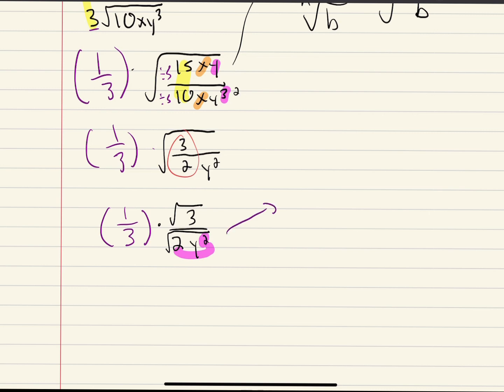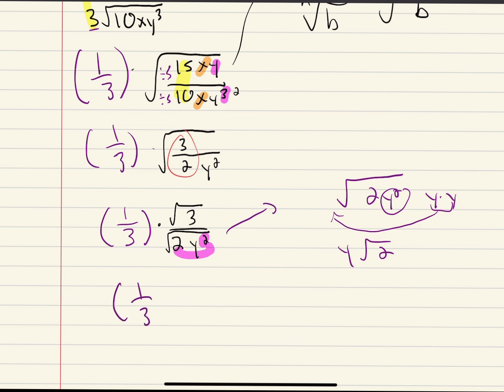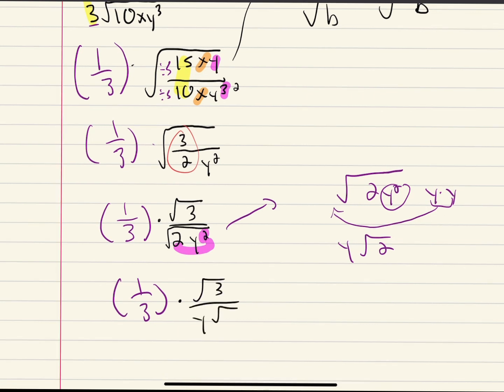So on the side here, 2y squared. Well, remember that this turns into y times y, which occurs twice, so I can actually pull it out, and that's going to be y root 2. So when I rewrite this over here, I'm going to write 1 over 3 times root 3 and then y root 2.